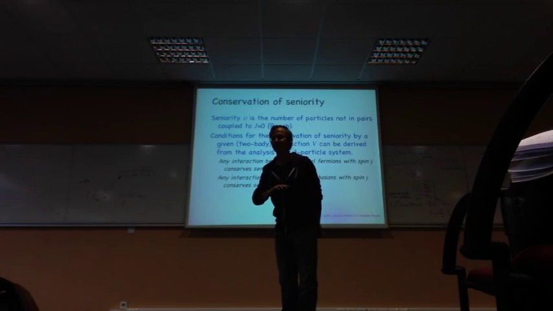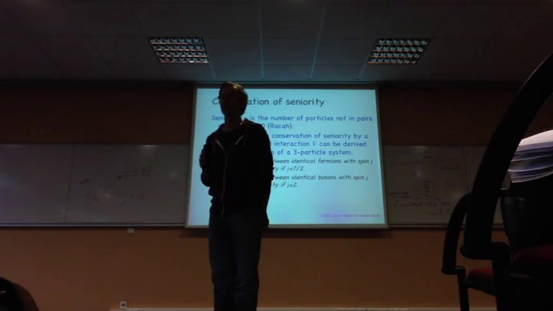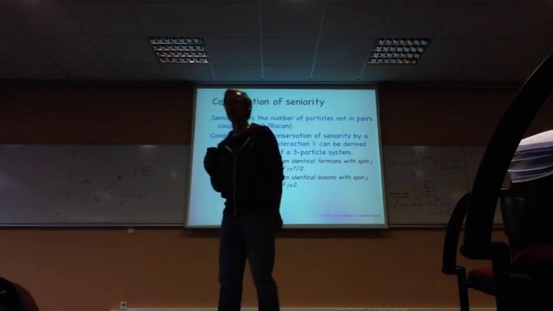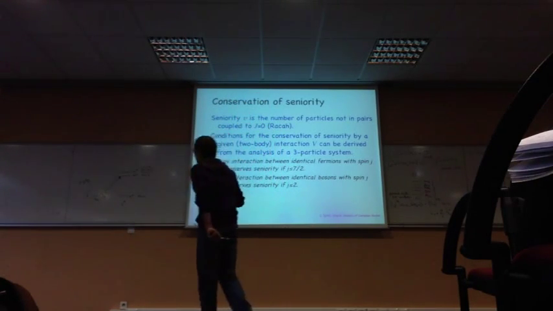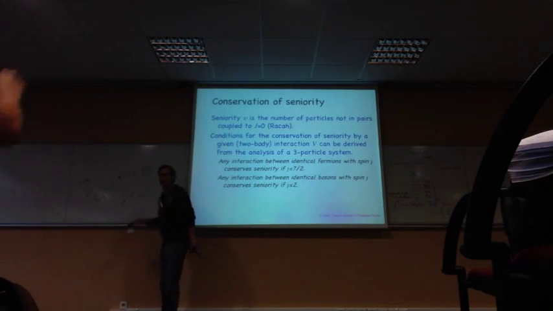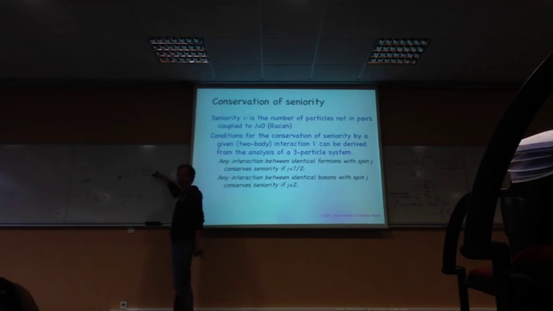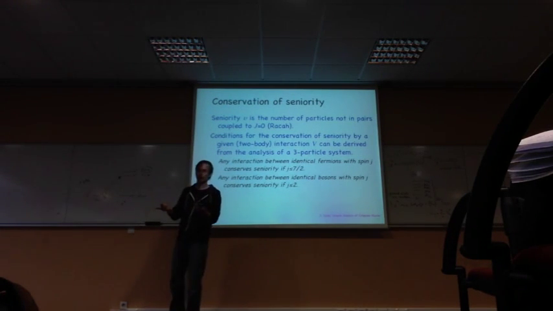Yes, except one. Because V is the number of particles not in pairs coupled to zero. So V equal 2 is only 2 particles. In a different terminology, they would call this a broken pair. A broken one pair. V equals 4 is broken 2 pairs.